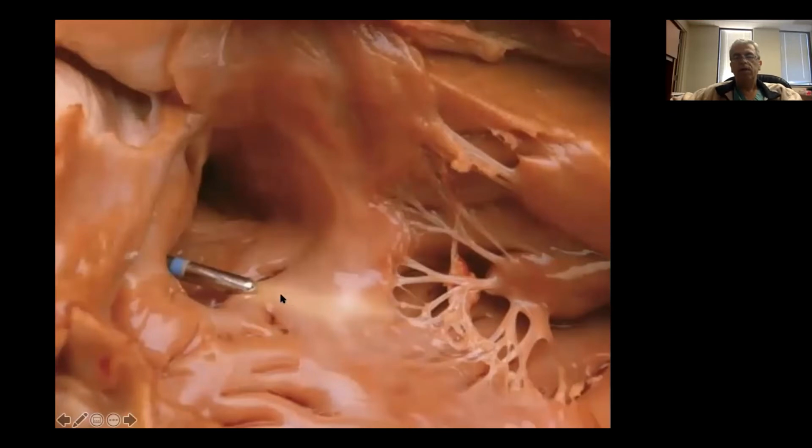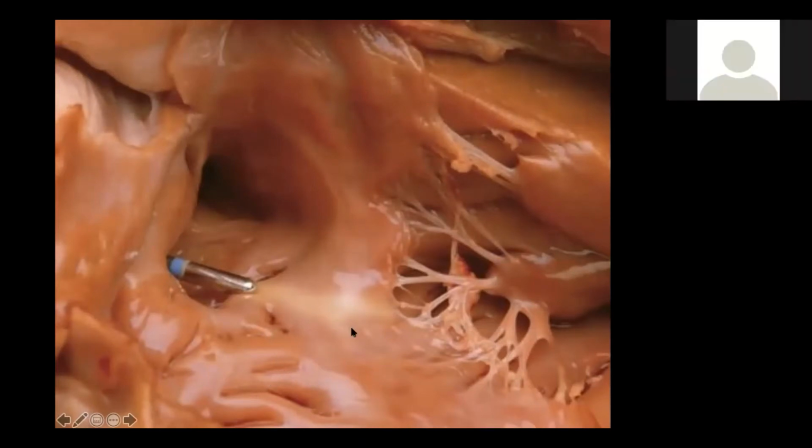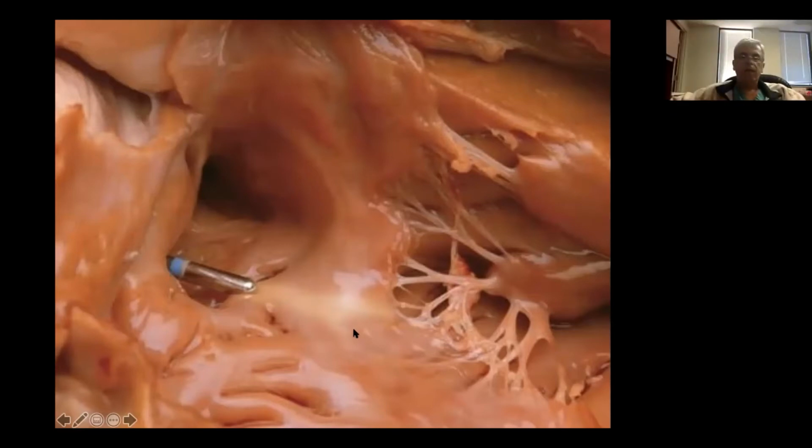This is the extent of damage we cause to the tissue. It goes from pink to pale. Pale means scar. Scar does not conduct electricity, so no circuit can go across, and that's the reason for the circuit to stop, and that's how we ablate typical right atrial flutter.